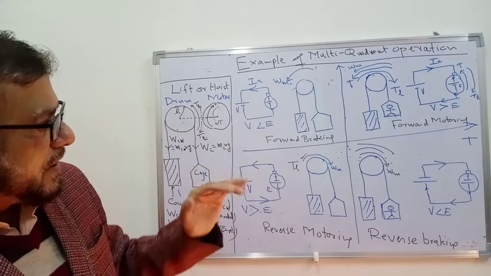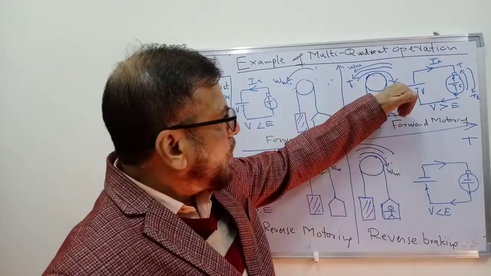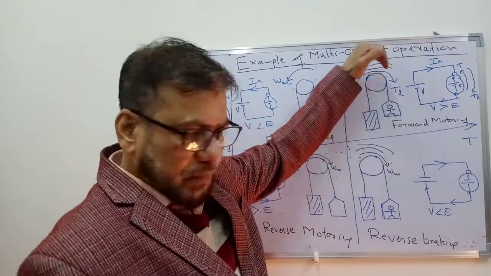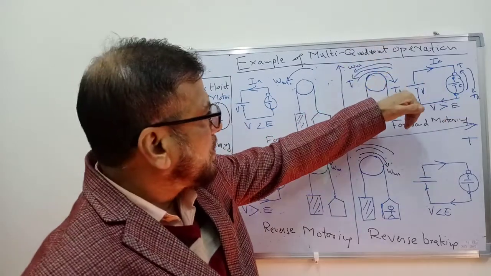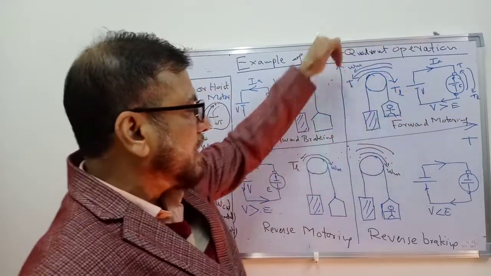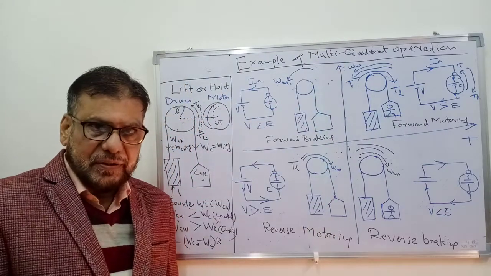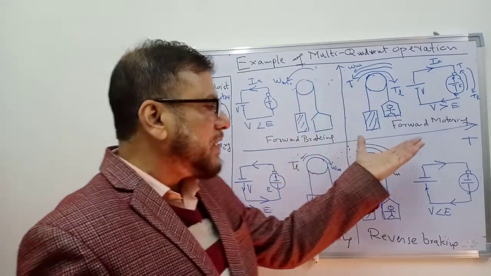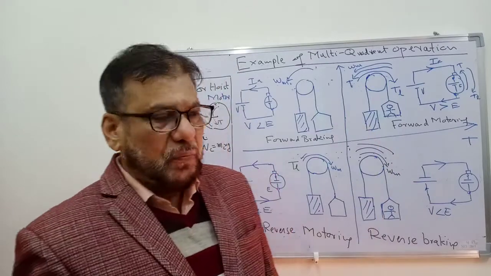But the motor is connected and the motor will overcome this load torque and produce some extra torque so that the cage starts moving in the upward direction. So this is what is known as forward motoring operation.